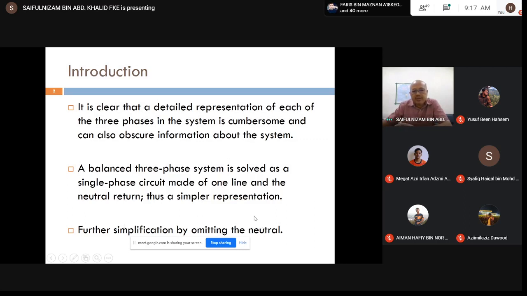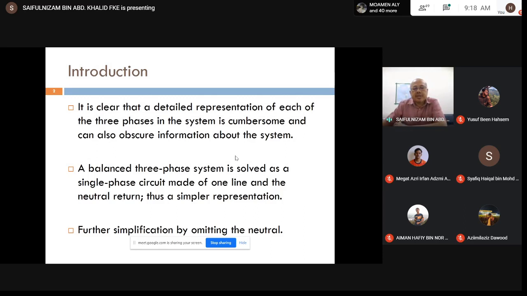Why can the neutral be removed in the case of a balanced three-phase system? Any reason why? Because the sum of all three line currents becomes zero. That's why you can remove the neutral conductor.